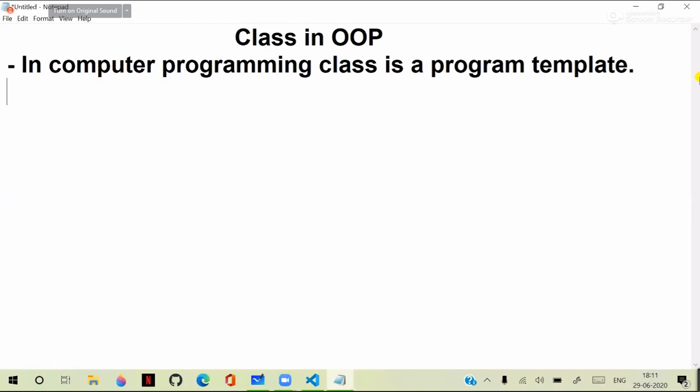Technically speaking, it is a program template. It is a template for a program. We call a class a program template.